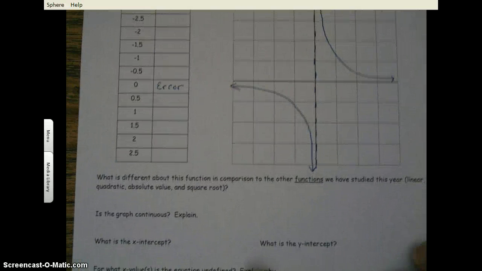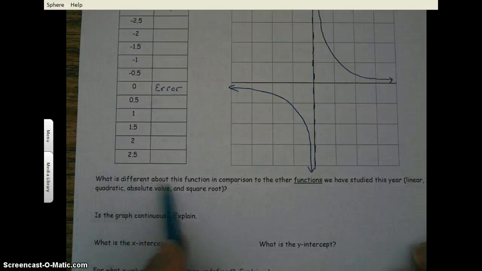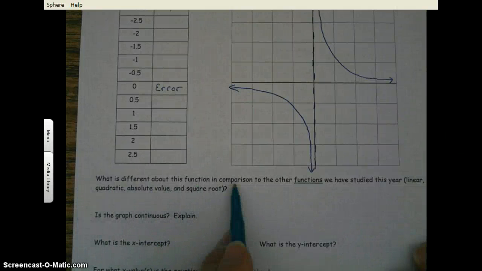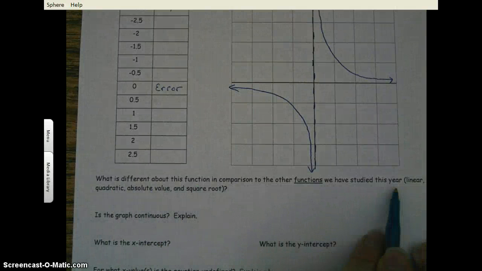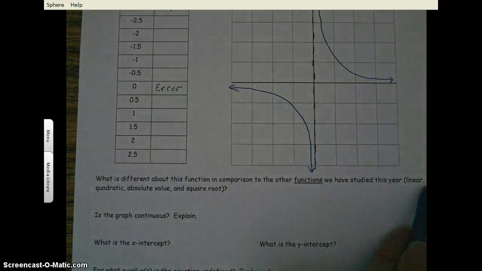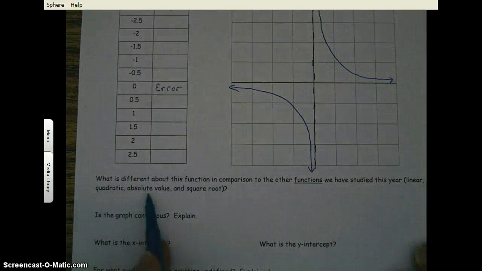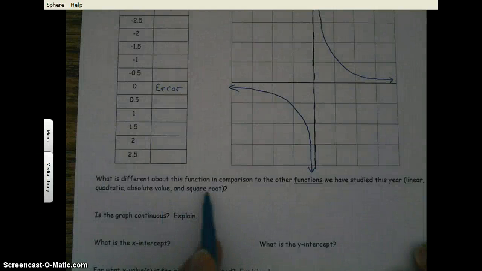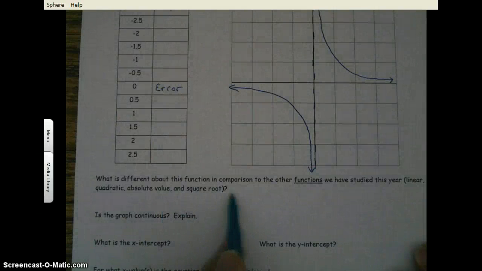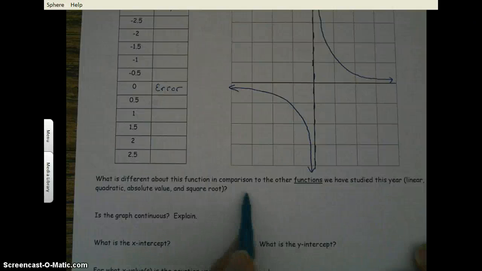It says, what is different about this function? Linear, quadratic, absolute value, square root. I want you to think about that and come up with an answer that I can check next time I see you.